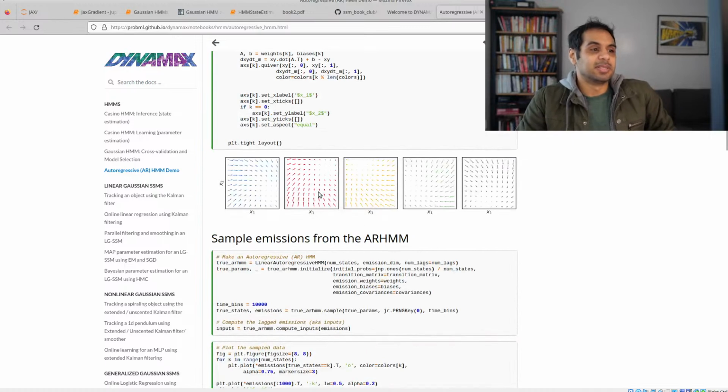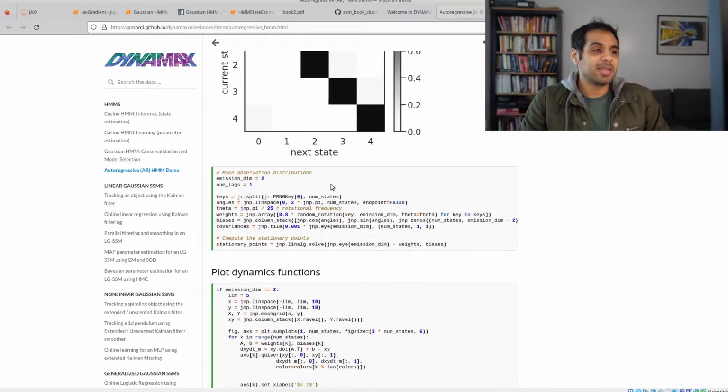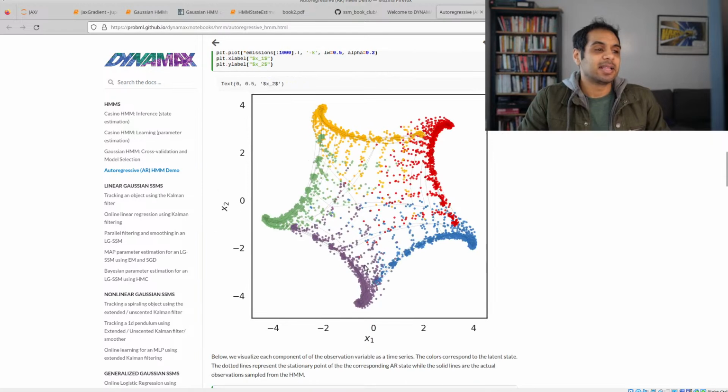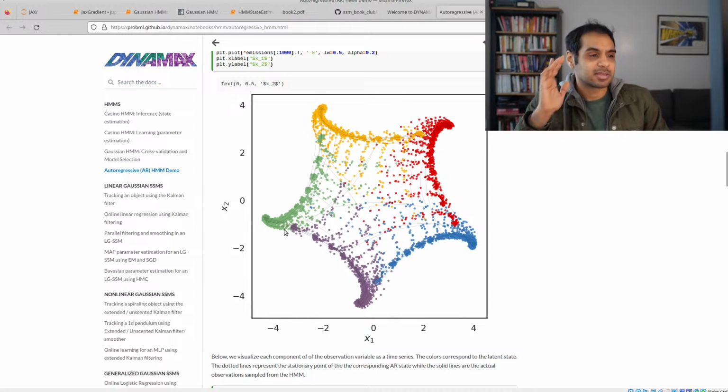This one is particularly interesting because I haven't fully understood the entire notebook yet, but my understanding is that it's modeling this circular starfish thing where as you're in a state, you get pushed into another state, and then it keeps going around, I think in a clockwise manner.